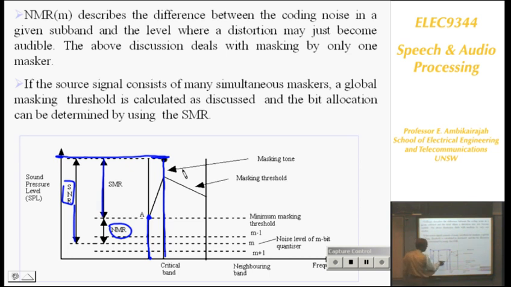That's the signal, that's the masking level. At that point, this goes down. At that point, masking level. So signal to noise ratio minus signal to mask ratio is my noise masking ratio. This is my noise level for M bits, this is for M minus one bit, this is for M plus one bit. So the minimum masking threshold is here. I want to know what this ratio is. If this is above, it's much better. If it's below, you have to send more bits.